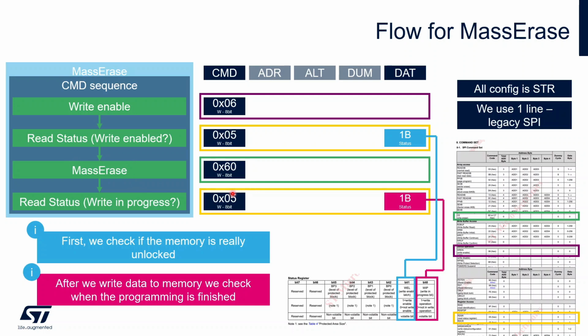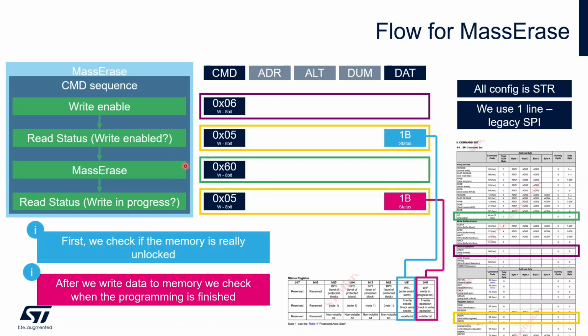You can look into the datasheet of the memory and put a fixed time there, or you can simply check the status of the erasing in case it's shorter. You will be notified, and for this we again use the read status, the same operation, but we will be checking a different bit, which is the write in progress. The write in progress also covers the erase and the sector erase.